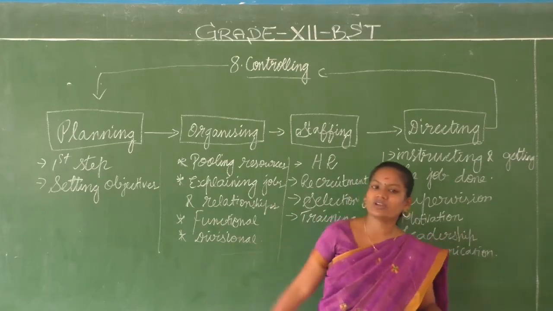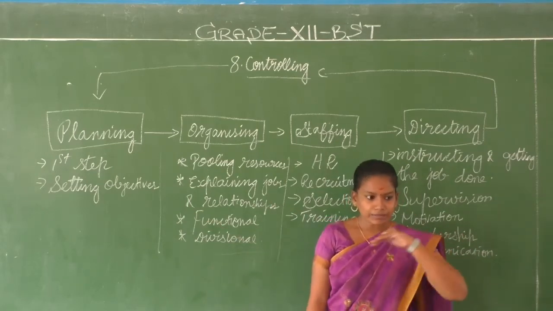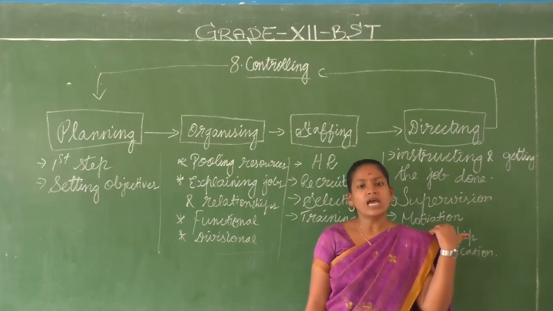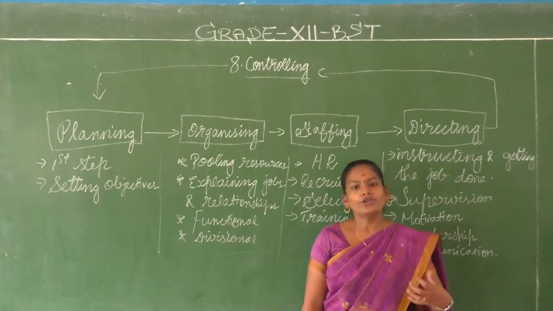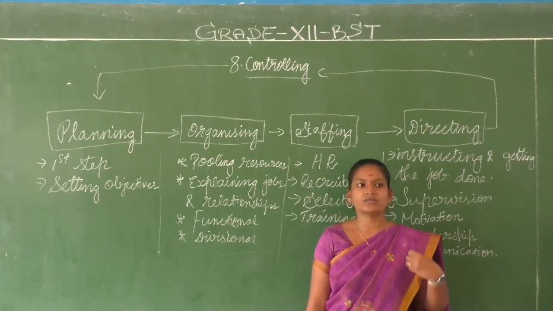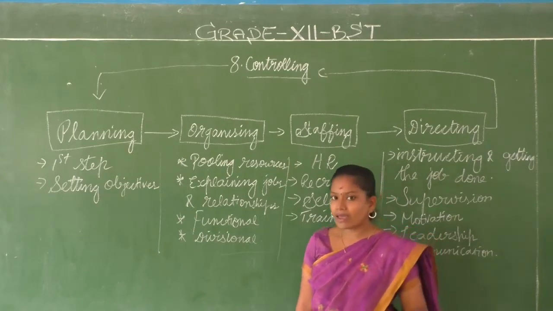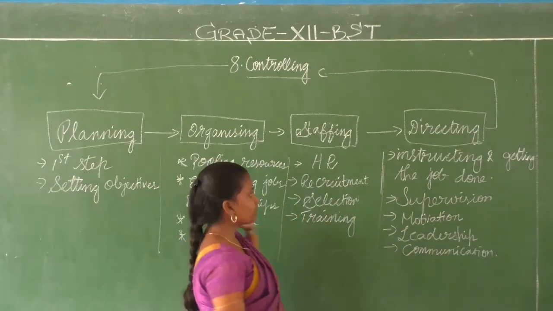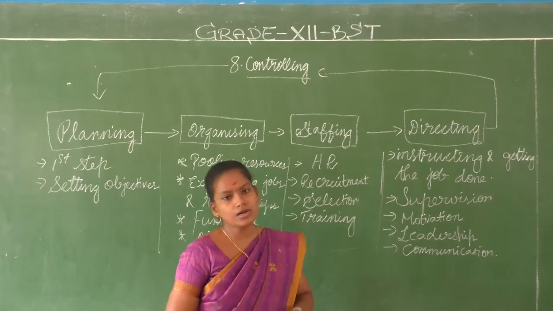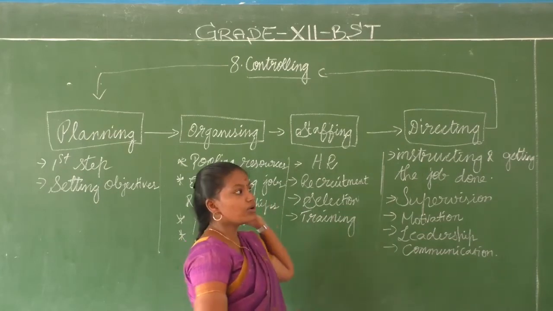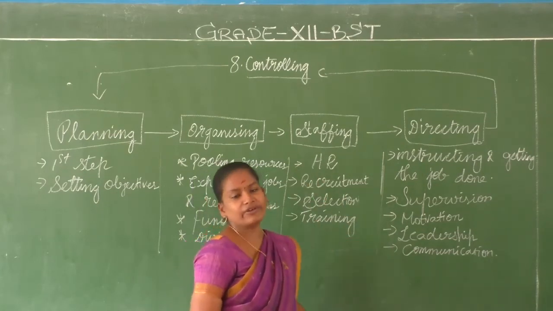It can be manufacturing industries, service industries, service organizations, non-profit organizations, service sectors. Whatever the management, these are the managerial functions we can see in it. Okay, so it applies to everything.